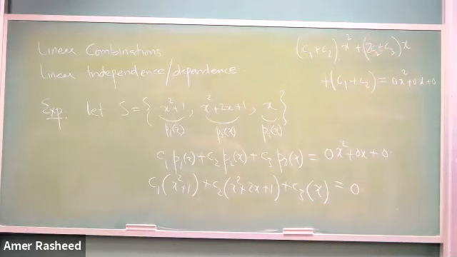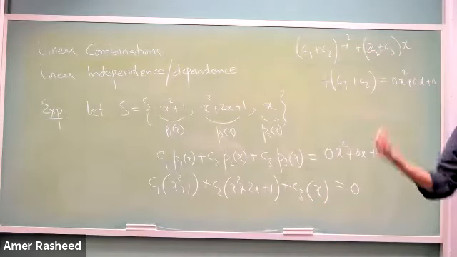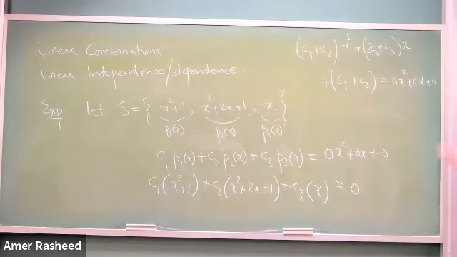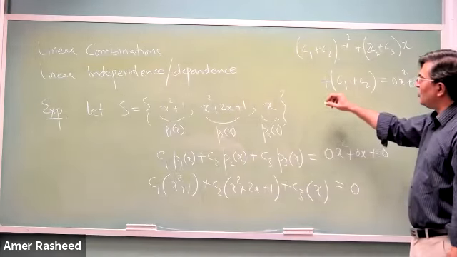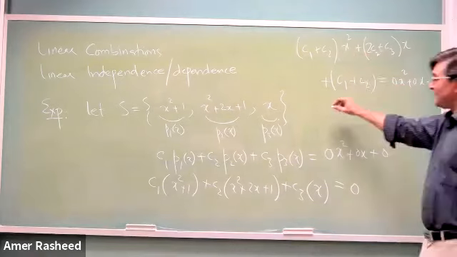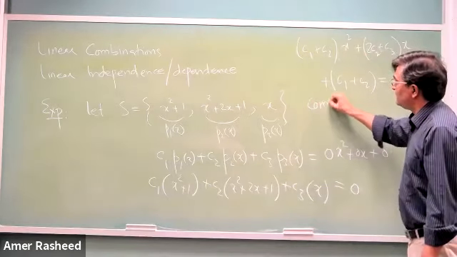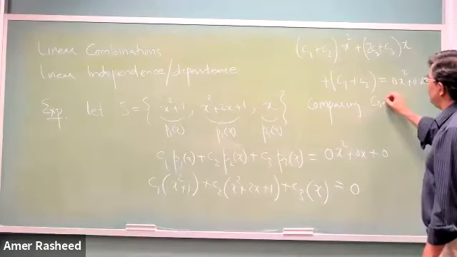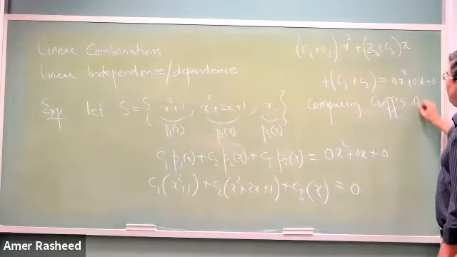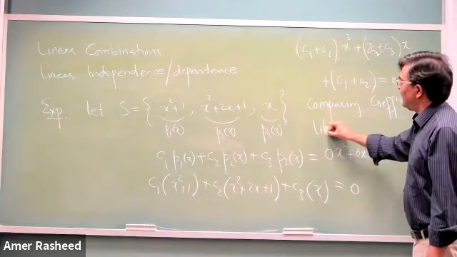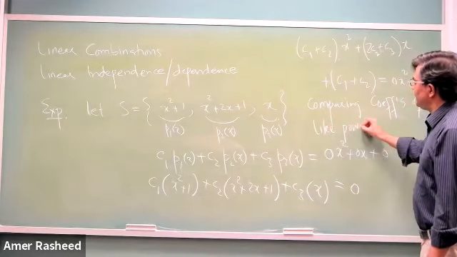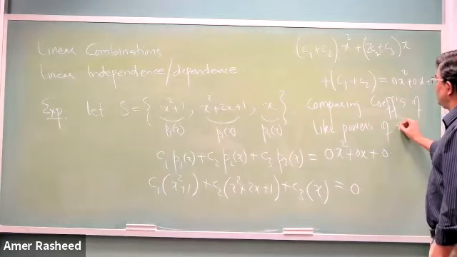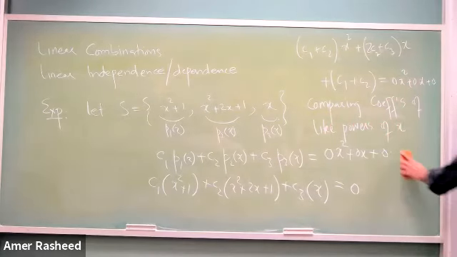This is 2C2. Now, on the left hand side we have a polynomial, and on the right hand side we have a zero polynomial. So now, comparing the coefficients of like powers of x on both sides, what do we get?